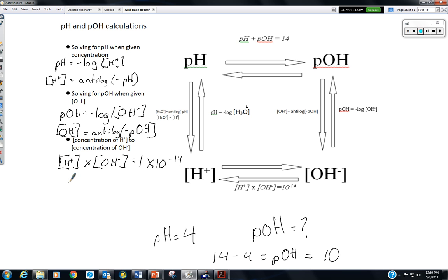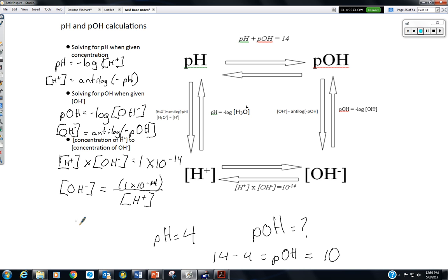All right, so let's look at it a little bit differently. We want to know the concentration of hydroxide when we're given the concentration of hydrogen. So we're going to take 1 times 10 to the negative 14 divided by the concentration of hydrogen.